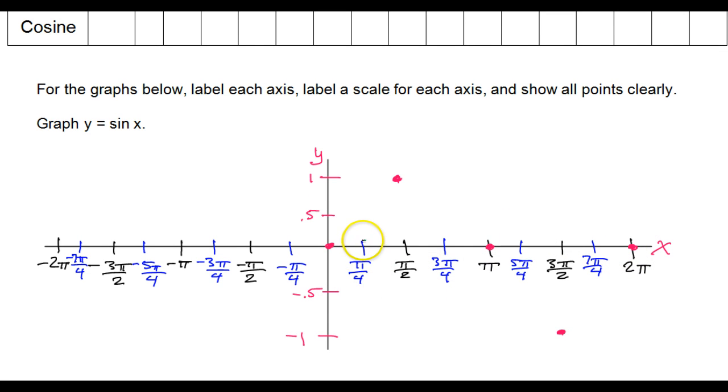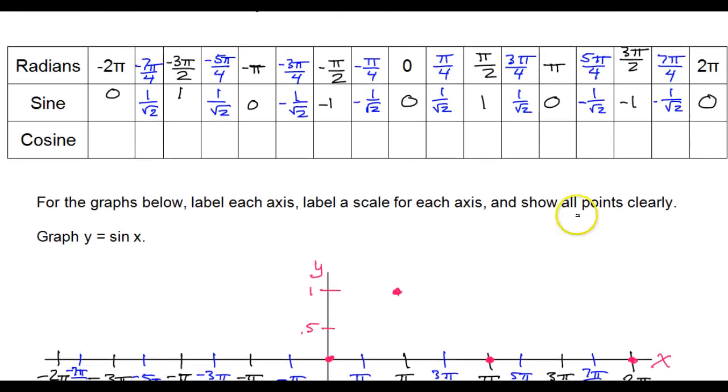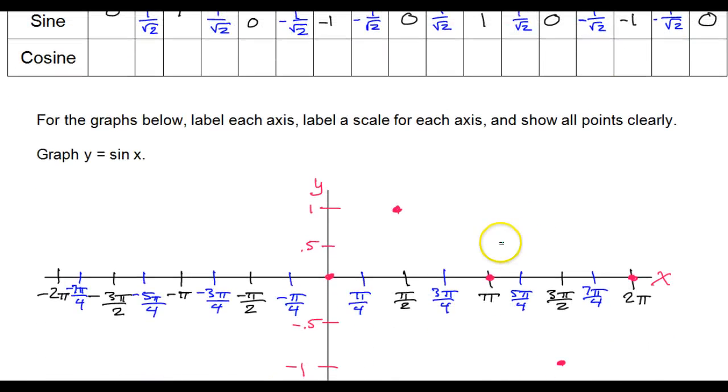Now in between here, all of these are radical 2 over 2 or negative radical 2 over 2. That means they will be 0.7 or negative 0.7. So here at pi over 4, that's going to be your 0.7, and this is another 0.7.